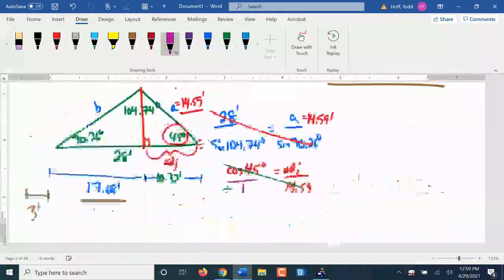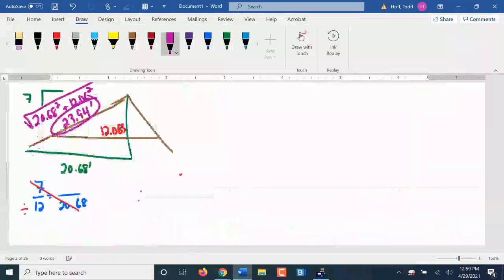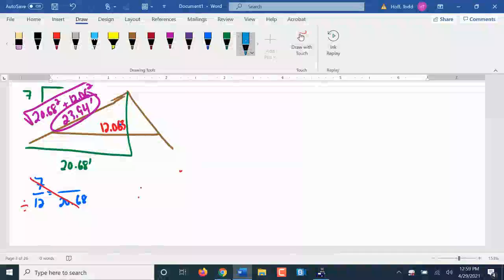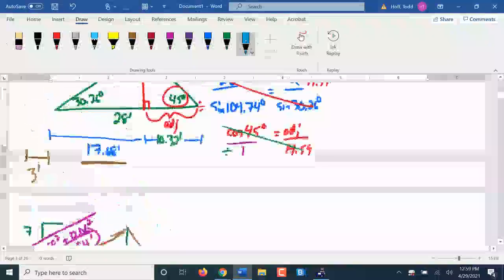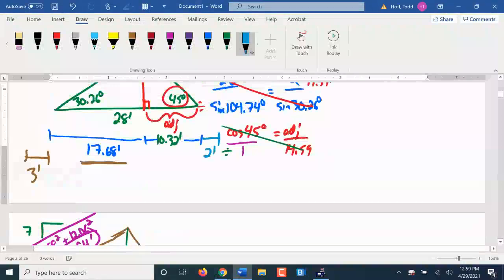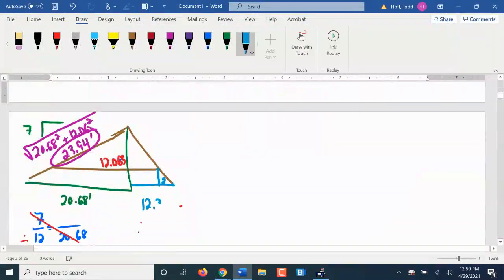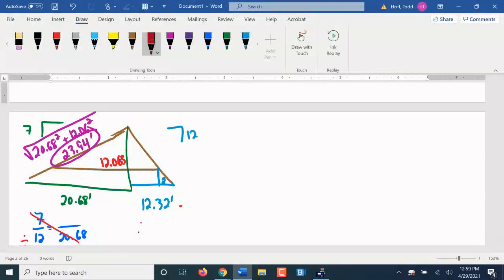So on the other side of the truss, it was 10.32 to the edge here, adding on that 2-foot overhang. Adding on 2 feet of overhang here makes that 12.32 all the way out on a 12/12 slope. Now, we would obviously do 12 over 12 equals blank over 12.32, but a 12/12 slope means that this height here is also 12.32 feet.